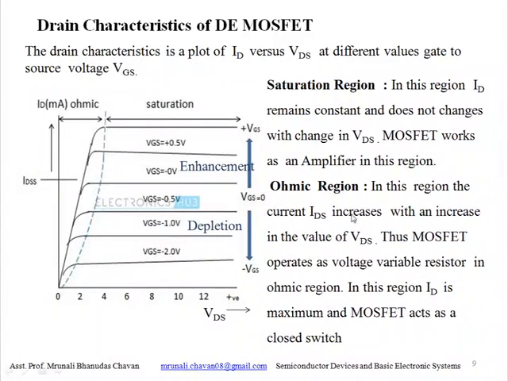And in the ohmic region, the current IDS increases with increase in the value of VDS, and thus the MOSFET operates as a voltage variable resistor in the ohmic region, and in this region the ID is maximum, as we can see here. So it acts as a closed switch, that is in the enhancement mode.